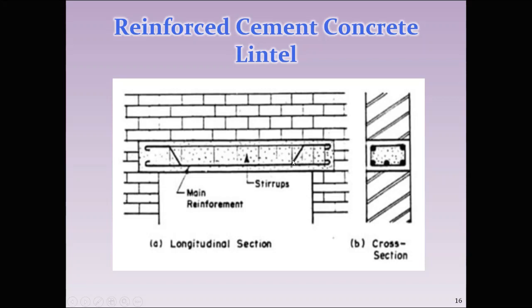And as we discussed in the last slide, 50% of the bars will be cranked up and taken to the top of the lintel, and these vertical bars are the stirrups which are provided at some suitable interval, say 200 mm. So this is the cross section. In cross section we can see there are 3 bars at the bottom. This is an example of RCC lintel, and 2 bars at the top, and the width of the lintel is equal to the width of the wall.